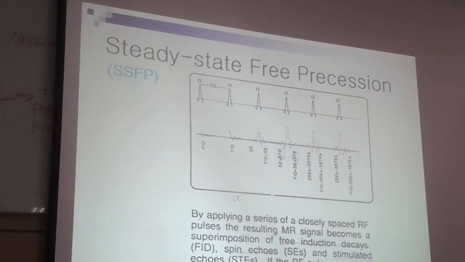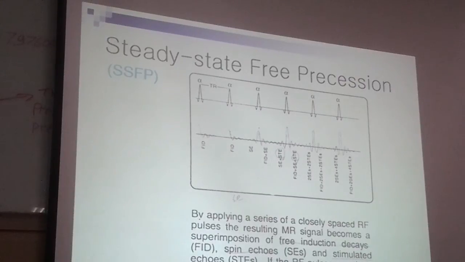So after several RF pulses, several echoes and FID signals are combined in each signal. So very complex signals are generated. Can we extract each of them?